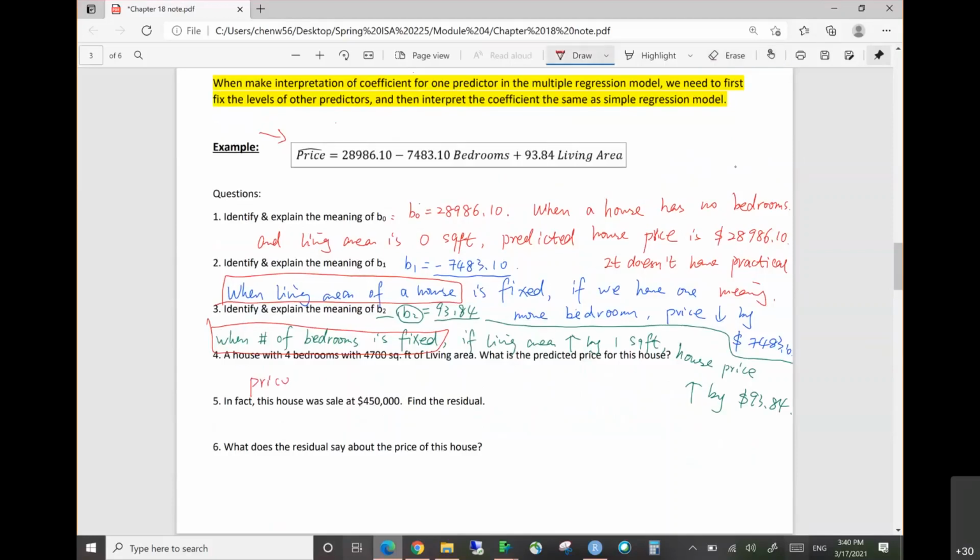The predicted price will equal, we just plug 4 bedrooms into the equation and plug 4,700 into the living area, right?